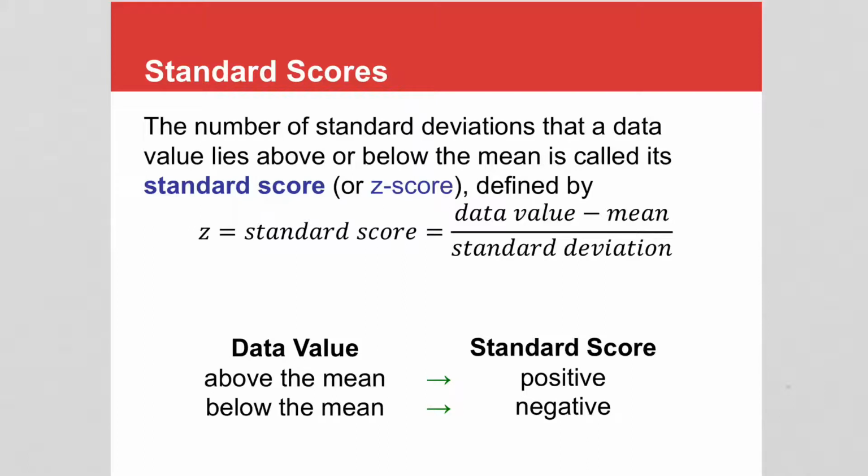So we can't always rely on that nice 68, 95, 99.7 rule. We have to use something called a z-score. And a z-score is found by taking whatever data value you're given, subtracting the mean, and dividing by the standard deviation.